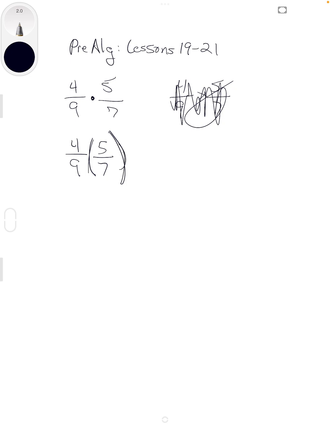Mostly you'll see parentheses. So what's the rule on multiplying fractions? Again, this is different than adding fractions. Multiplying fractions is top times top, which is 20, bottom times bottom, which is 63. And that's the answer. That's all there is to it. And I say top, bottom.